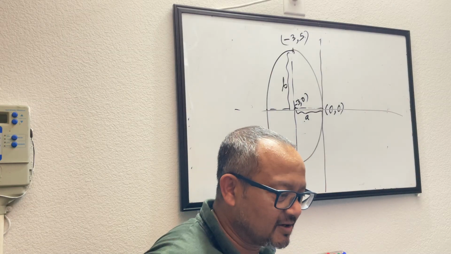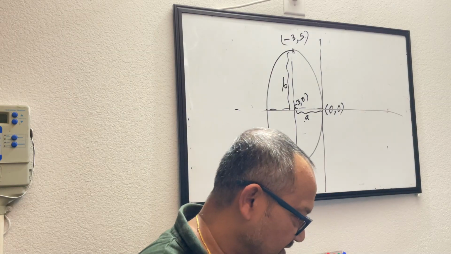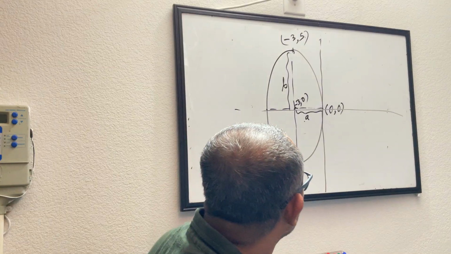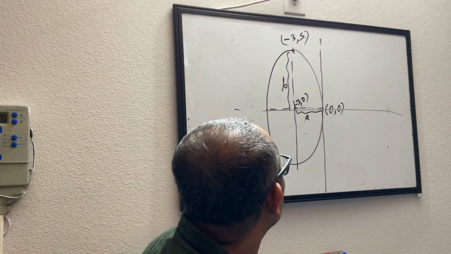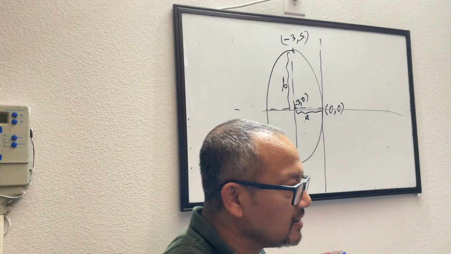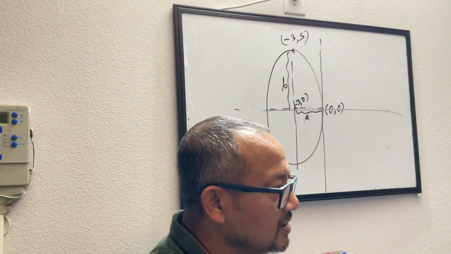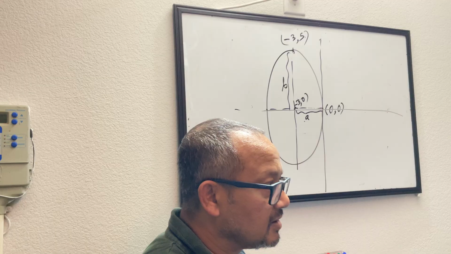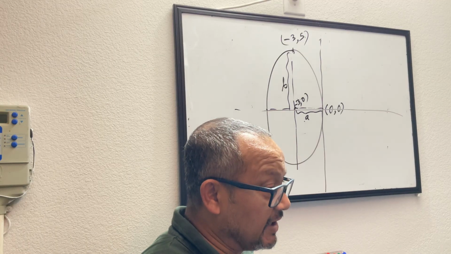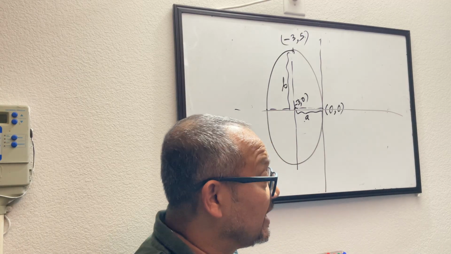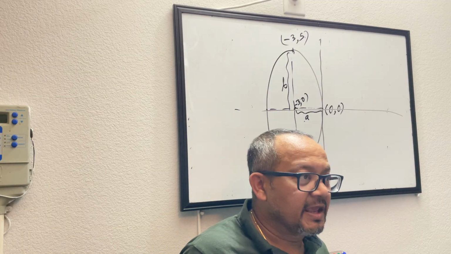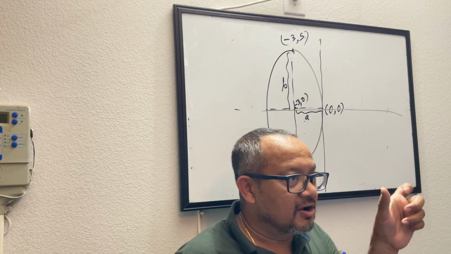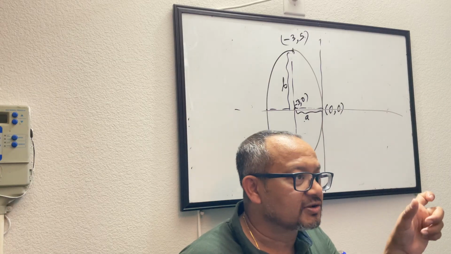Yes, Davik. I'm confused because the length of A is 3 and the length of B is 5. And if f squared equals a squared minus b squared, that means you're doing 9 minus 25. No, so that's why I was saying that I don't have a definition of A and B. A is the length or radius along the x-axis.